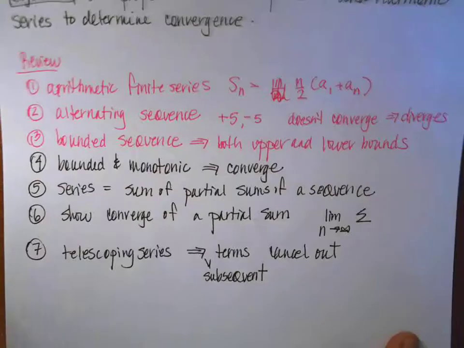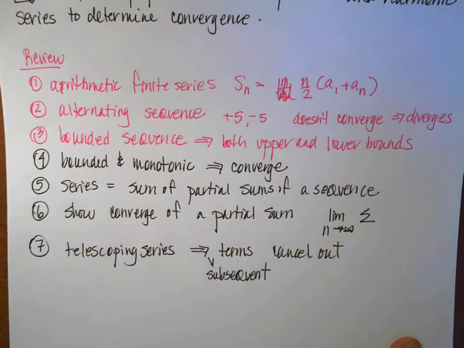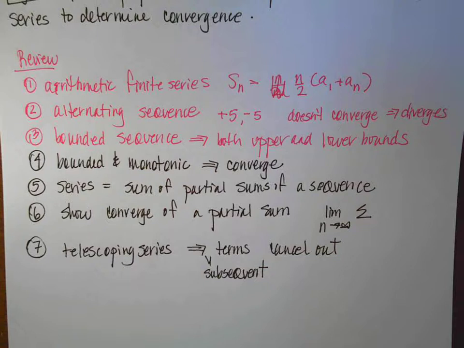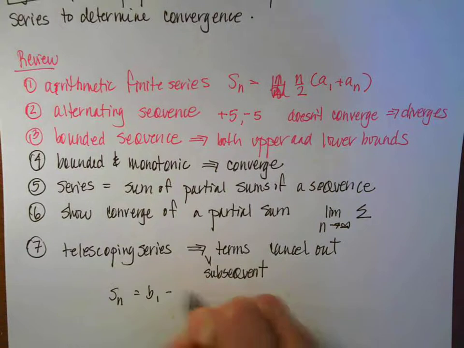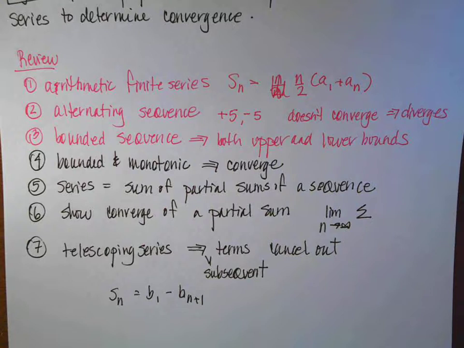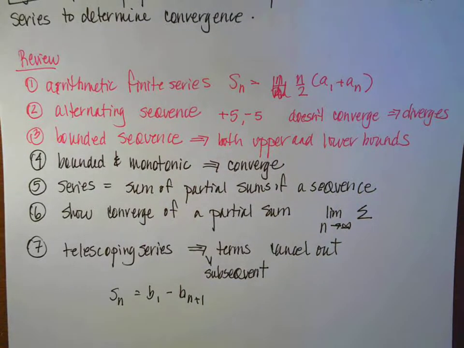Remember, we've done a couple of examples of these in our classwork. It doesn't have to be two side-by-side terms, but by the end of the series, most of the middle terms cancel out, and then the sum of the series becomes the first term minus the last term, because all of the middle terms cancel out.